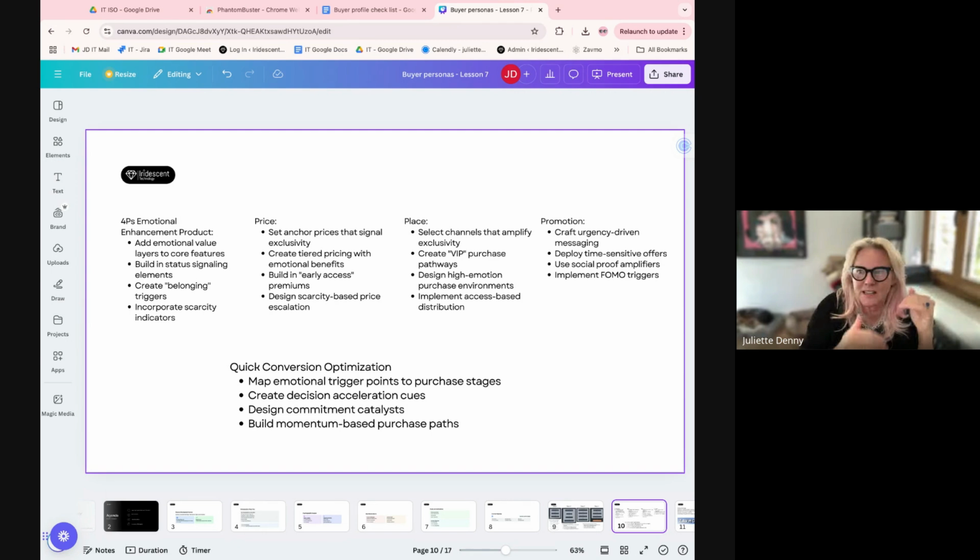Can you do tiered pricing? Could you do something with early access pricing? Can you do scarcity based pricing? All of these, again, are not about the price. It's about the emotion that having a pricing strategy like that delivers, a sense of the product and the product experience.